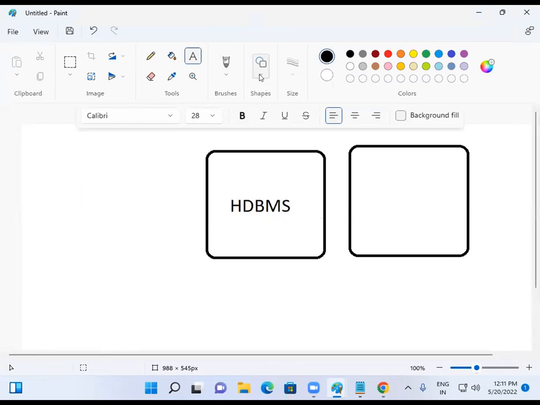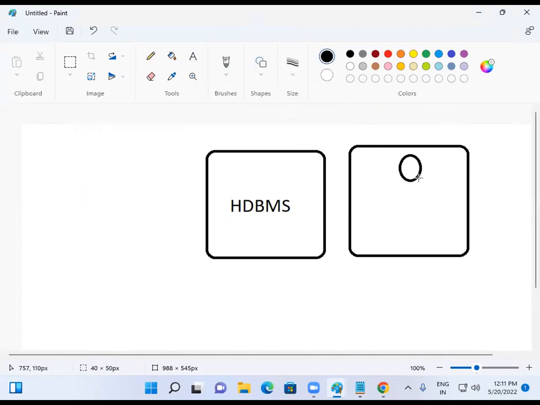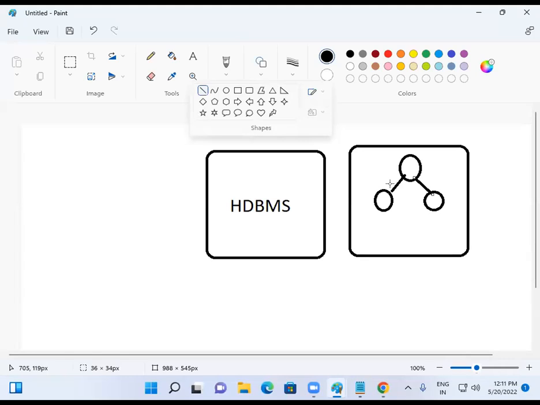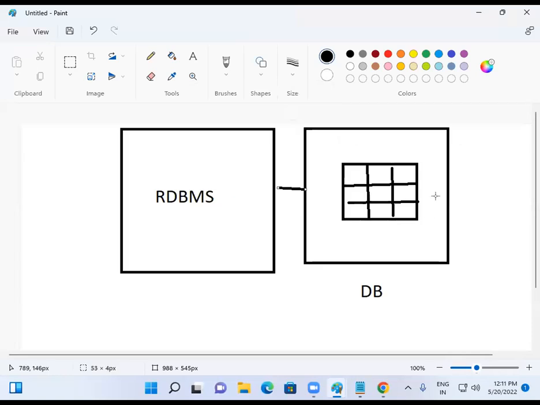Inside the database, the data is organized something like this. That is called hierarchy. So if you use HDBMS, data is organized in a tree structure. If you use RDBMS, data is organized in tables.